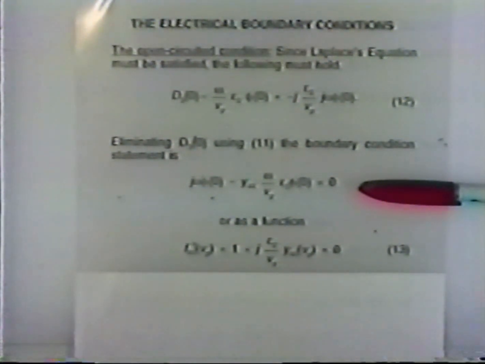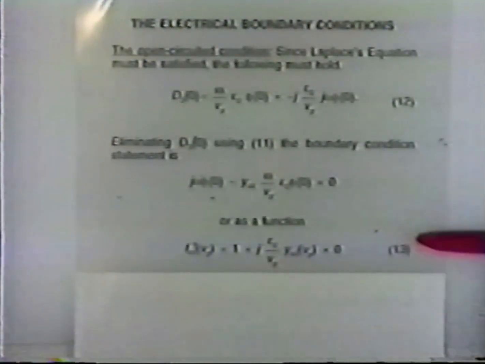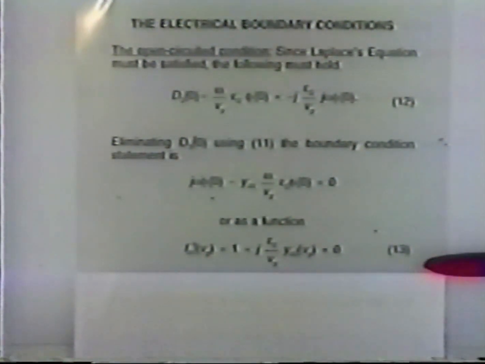Okay, and since with the open-circuited situation, a non-trivial solution means the potential cannot be zero, then the coefficient of the potential has to vanish in this statement, and that gives us equation 13. I've written it as a function.